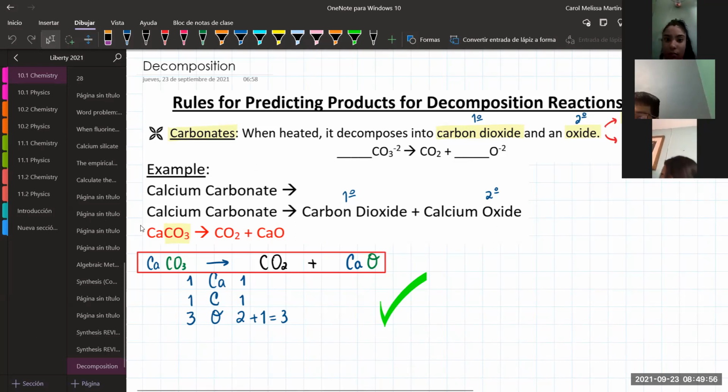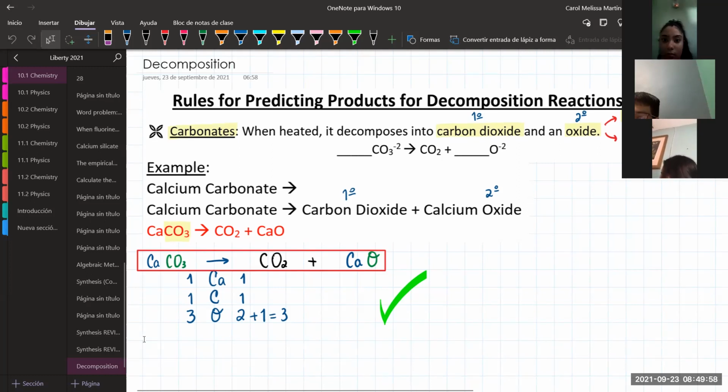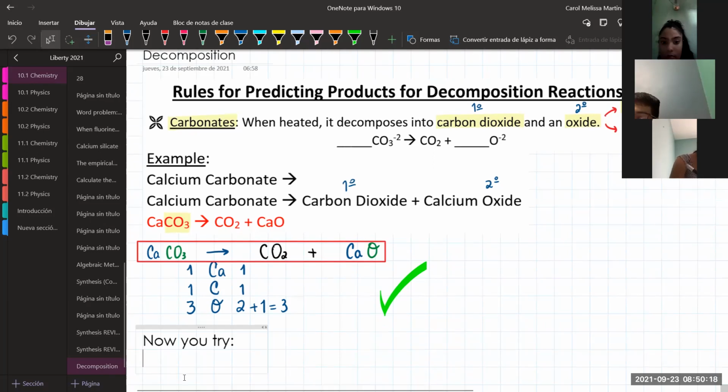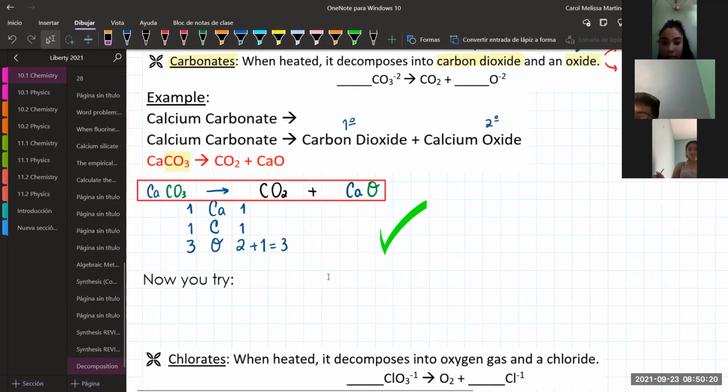Now I want you to try this example, okay? Now you try. What is going to be decomposed if I give you this carbonate?